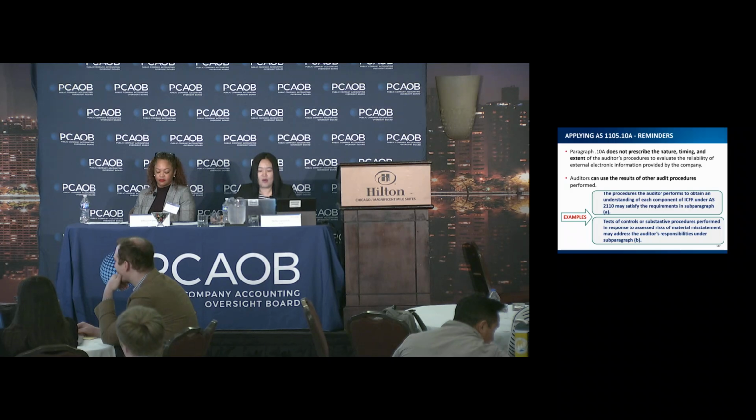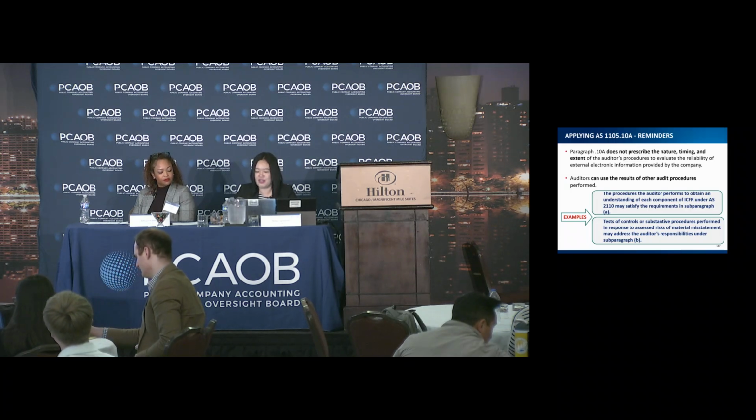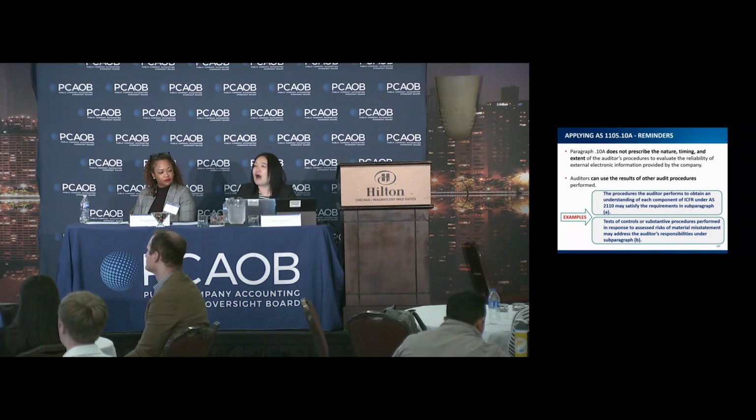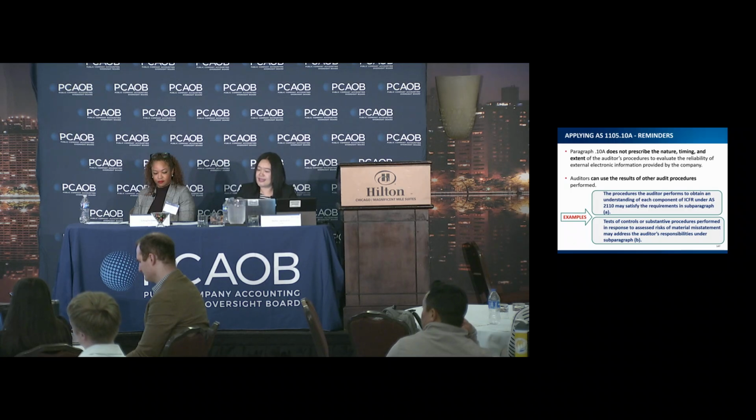A few minutes ago, we talked about how the auditor's understanding of the process involving the information can help inform the extent of procedures necessary to evaluate reliability. But there are also other factors that help the auditor make the determination. How is the information being used? For example, is it used in a risk assessment procedure, or is it a substantive procedure performed to address and assess risk of misstatement?